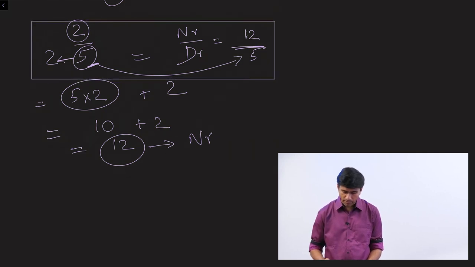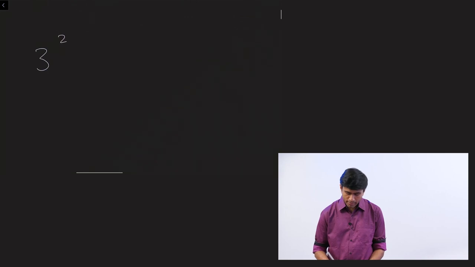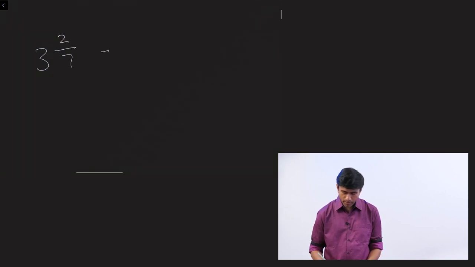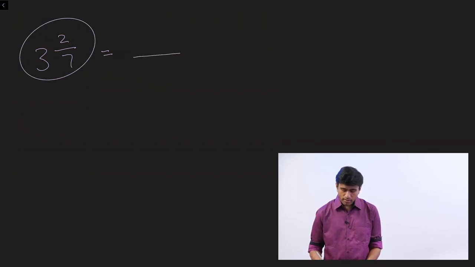Let's take another example. 3 2 by 7. Remember, you're converting this mixed fraction into an improper fraction. You can straight away write the denominator. It will remain the same, 7. But how do you find the numerator? You have to multiply 7 and 3. 7 into 3.